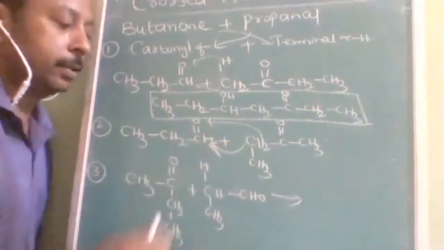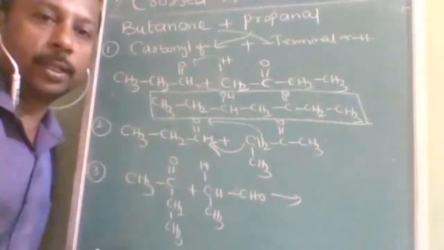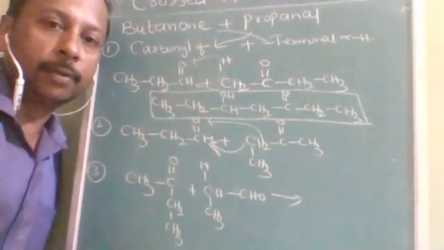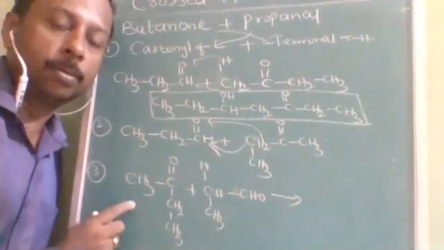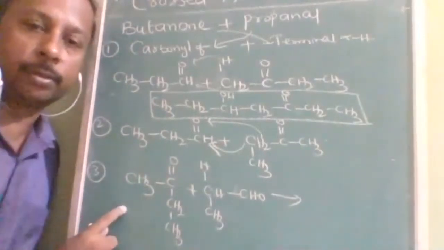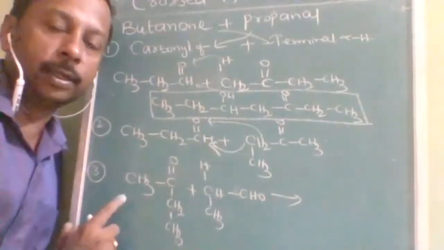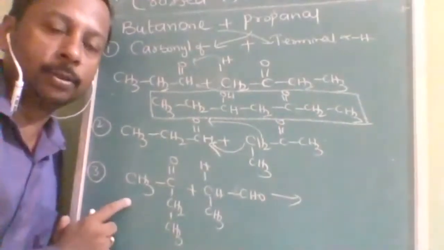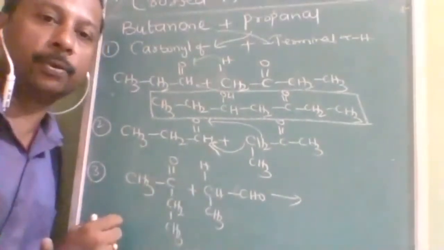Next, another possibility. In both conditions we used the carbonyl carbon from the aldehyde only, but there is also the possibility that the carbonyl carbon of the ketone can be used. There is only one carbonyl carbon, therefore there will be only one possibility from this side, and only one type of alpha hydrogen from the aldehyde.